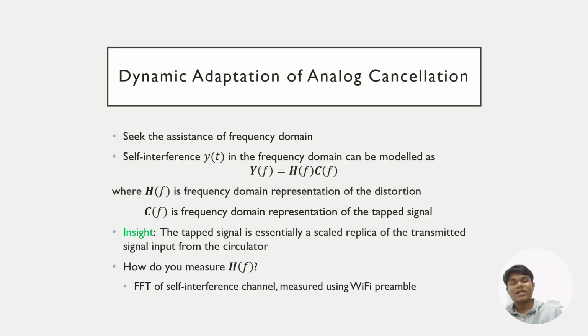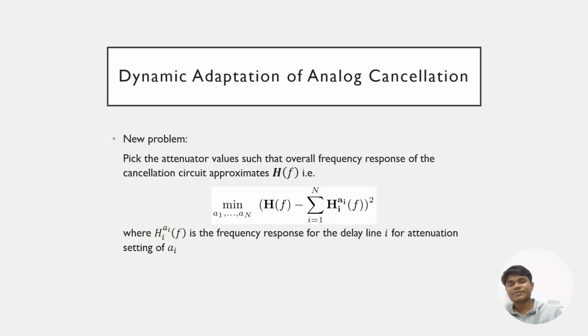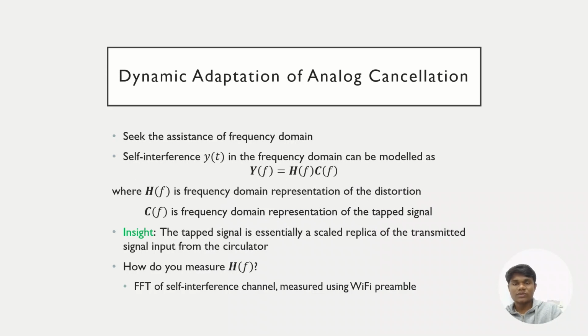So we do that and we obtain H of F. Now again, a new problem comes in: we pick the attenuator values such that the overall frequency response of the cancellation approximates H of F. Right? Now we have to get to this H of F. And how do we get there? By minimizing this expression.